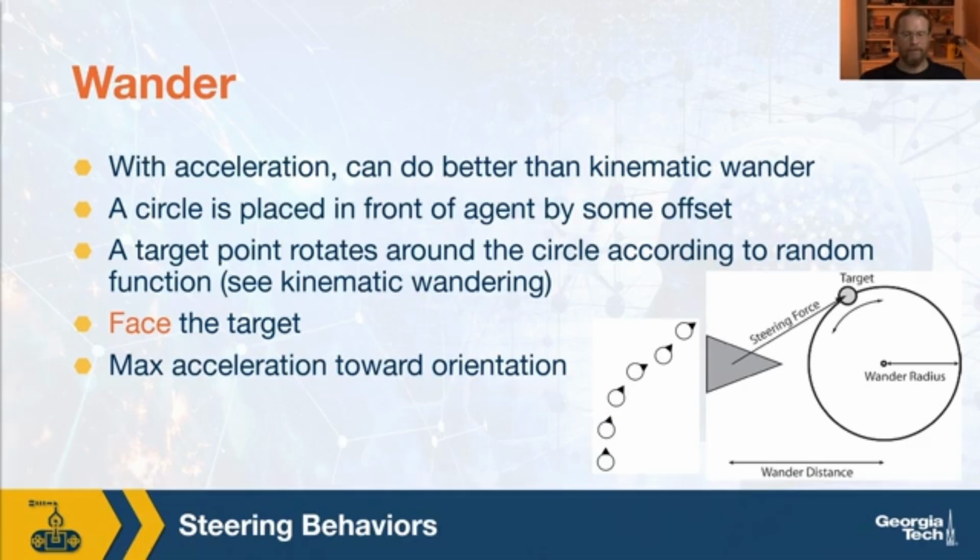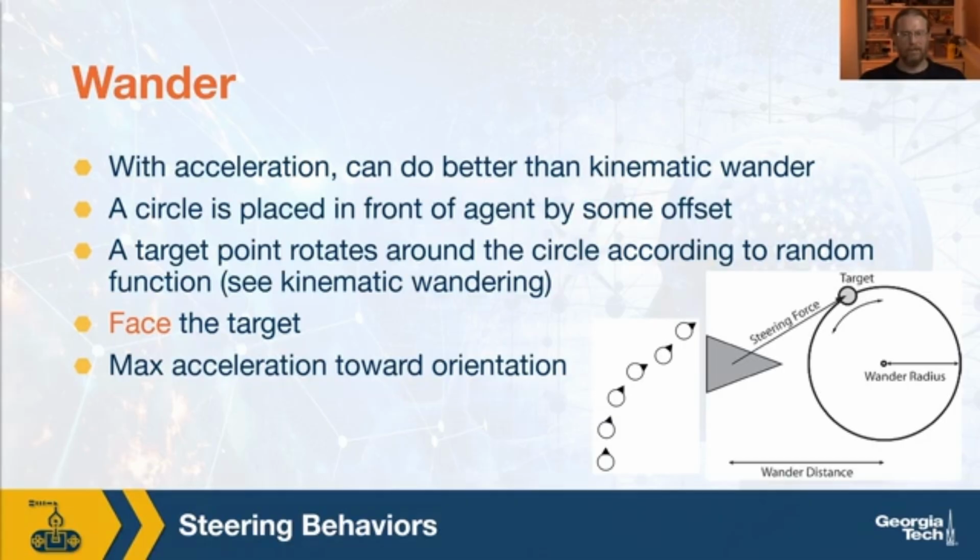And then each frame, the target rotates around the circle. We could use a random function, perhaps the same as from the kinematic wandering, that you can refer to if you want to see that random function. And that will define how much rotation left or right occurs each frame. And so that target is used by the agent to decide where to face. And the end result is that you can improve the sort of frenetic changing of direction, because the target has to rotate around the circle.